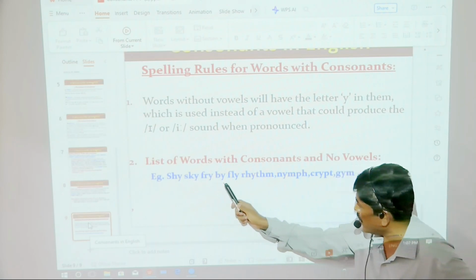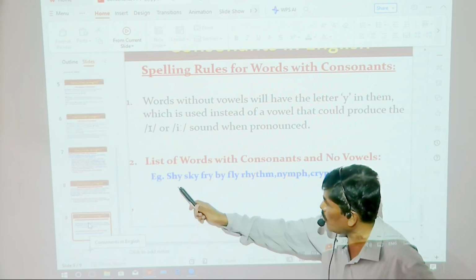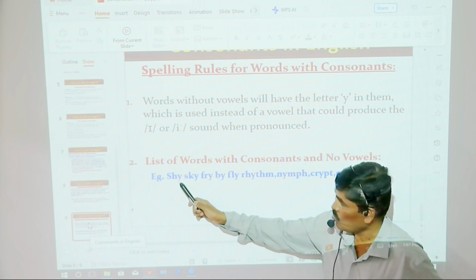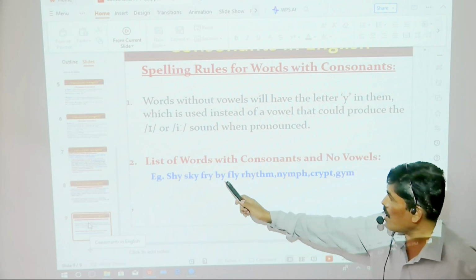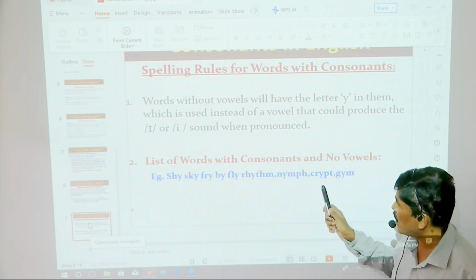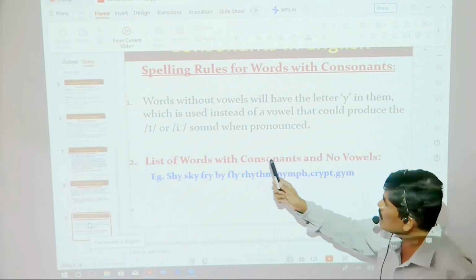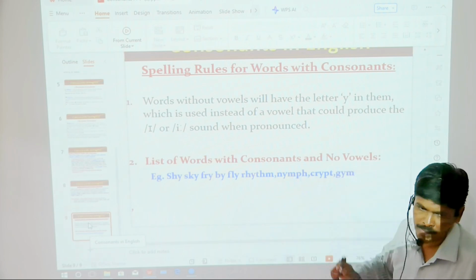No vowel is there in any of these words. But instead of a vowel, Y is used, which works as a vowel. Shy, sky, fry, buy, fly. In these words, you will not see a vowel. Here, Y is actually a consonant, but it works as a vowel sound.